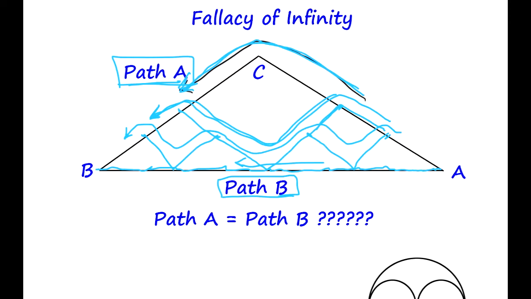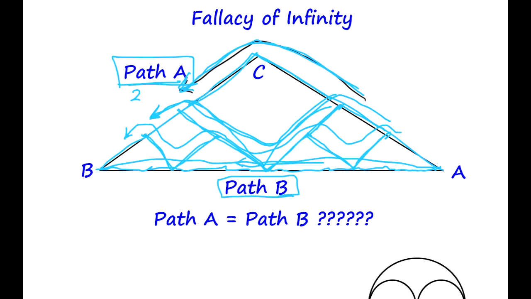What's wrong is, say we have an equilateral triangle here. That means AC, CB and AB are all the same. So path A is twice as long as path B, right? When we do this trick, folding this part down, what is the ratio between path A and path B? 2, still the same. We fold it again and again.